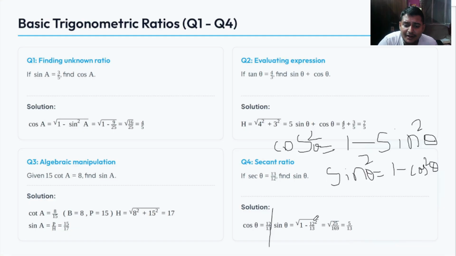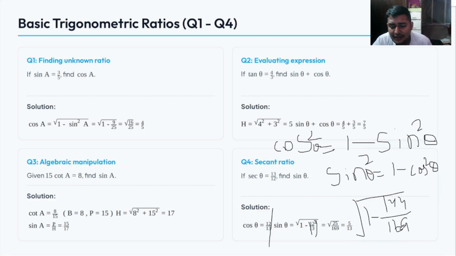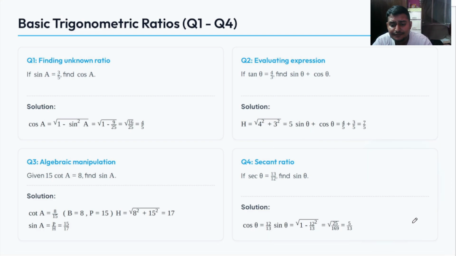12 square equals 144, so 144 by 169. And 1 minus that, in the root, LCM is 169. 169 minus 144 divided by 169.